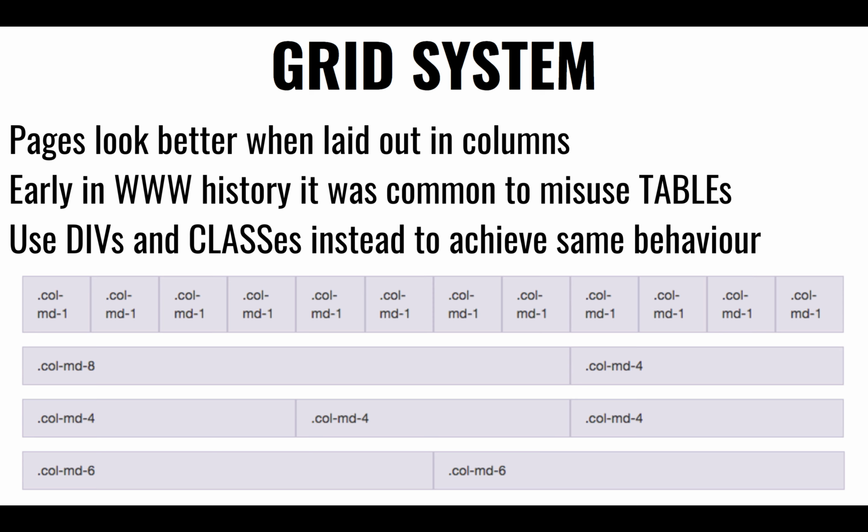So what the grid system allows you to do is achieve the same functionality that tables would, but using only CSS. It's going to be very similar to what you would be able to achieve with tables, but it also allows you to make these pseudo tables responsive, to be able to adapt to the width of the page.